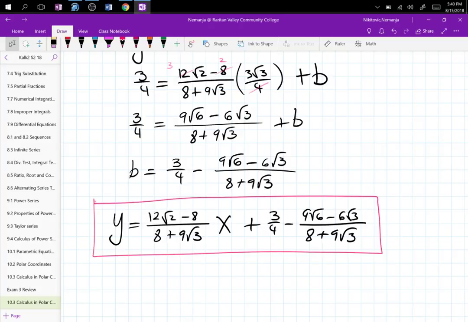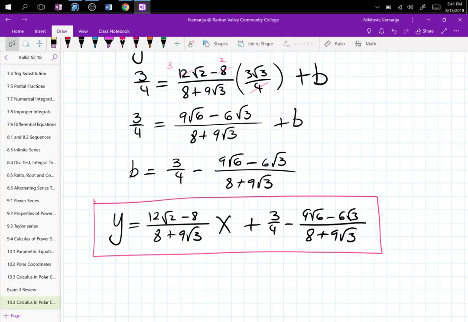Let's not flip here. How about that? I would say it's a very straightforward procedure. It's not something that is hard at all. It's just long and annoying, and it takes a lot of focus to get through these calculations.